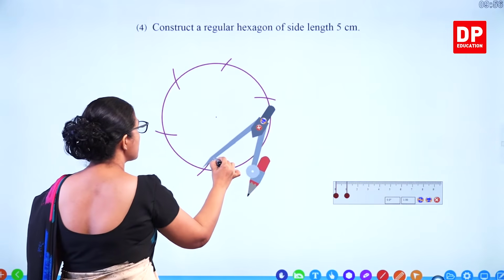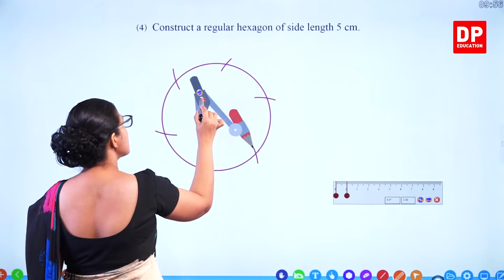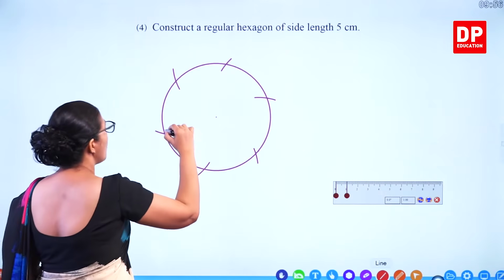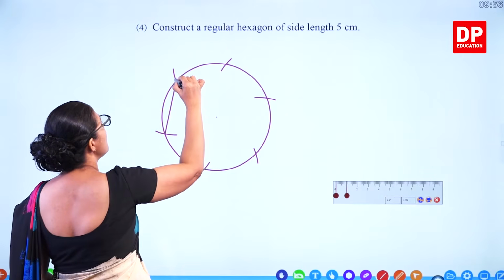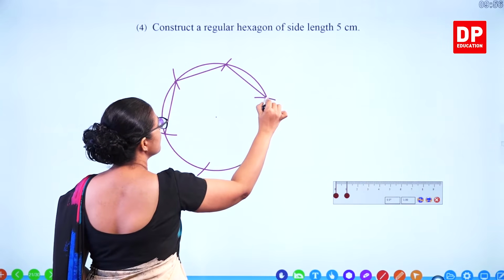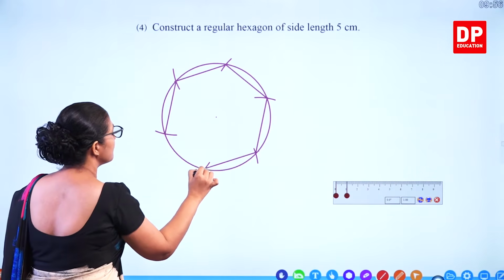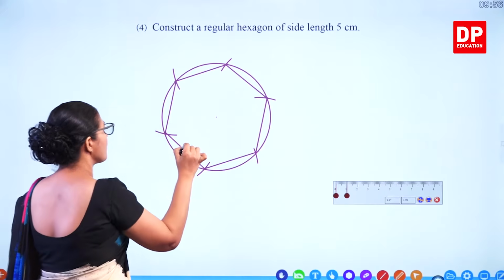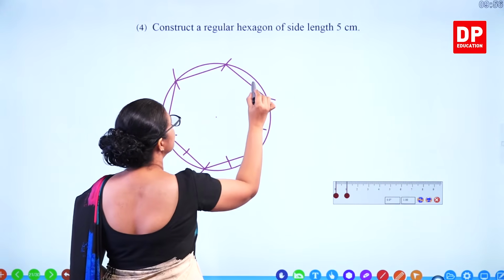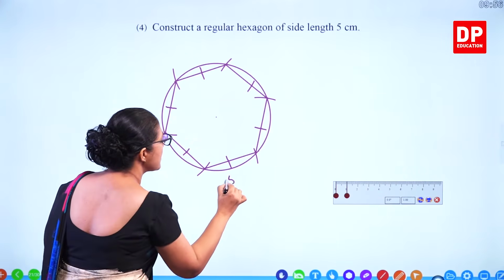So you get 6 arcs because a hexagon is a 6-sided polygon. Now you can connect all the points with the ruler. So this is the hexagon with side length 5 centimeters.